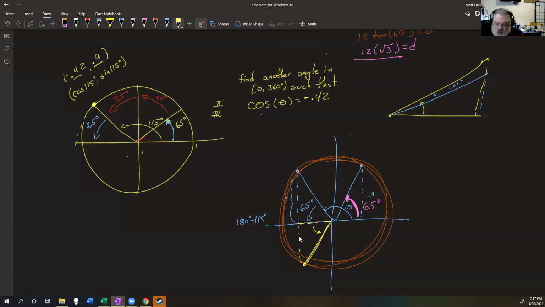Right. Or if you prefer, what about this red angle or orange angle? Do we know what that orange angle is? 115. Perfect. It's 115 degrees.